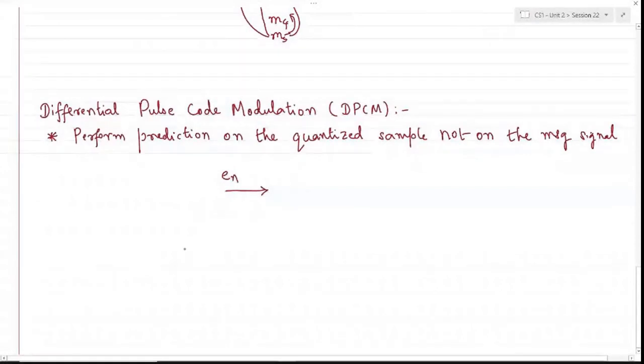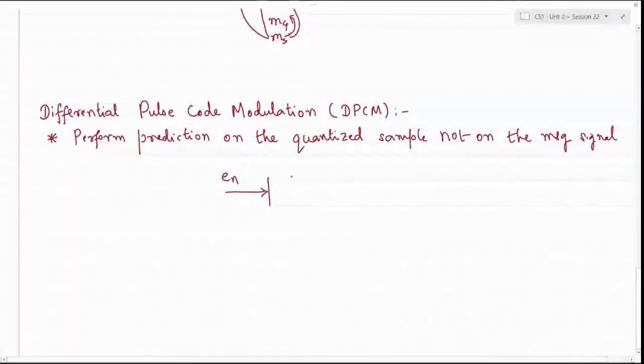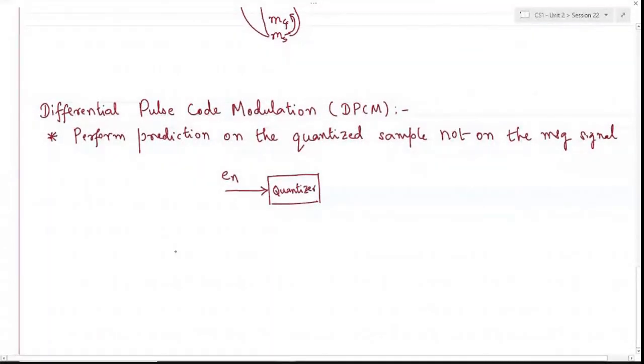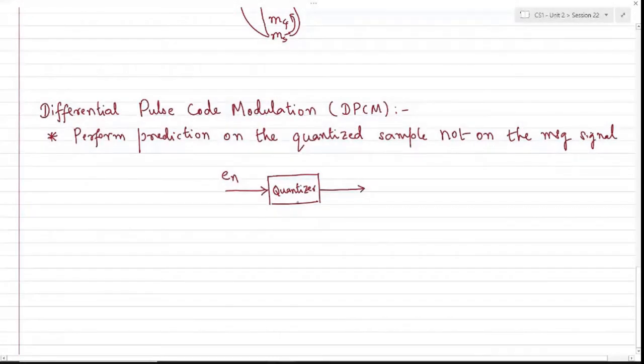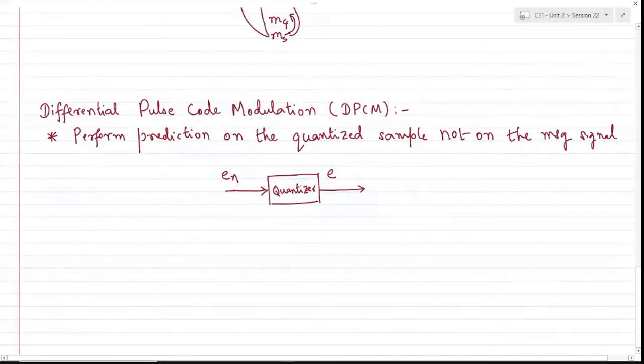Say this is the error e_n, which is coming due to the prediction. What I do is pass it through the quantizer, and due to the quantizing process there is already an error generated from the linear prediction.